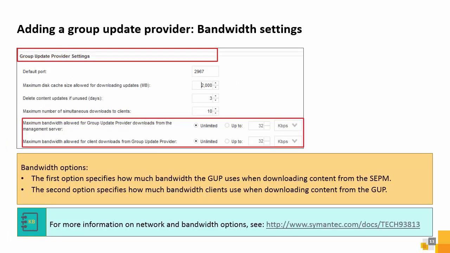The first bandwidth option specifies how much bandwidth the GUP uses when downloading content from the SEPM. The second bandwidth option specifies how much bandwidth is used when the clients download content from the GUP, for example, so that the local LAN cannot be saturated with content updates. This may happen when full .zips are downloaded to clients after a virus outbreak.